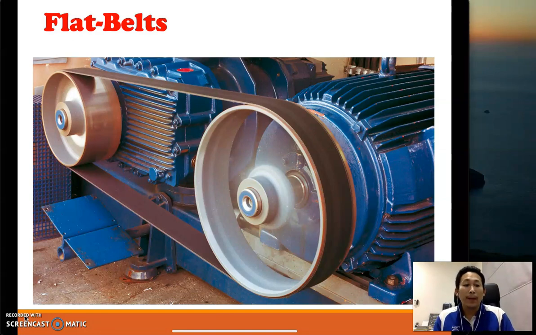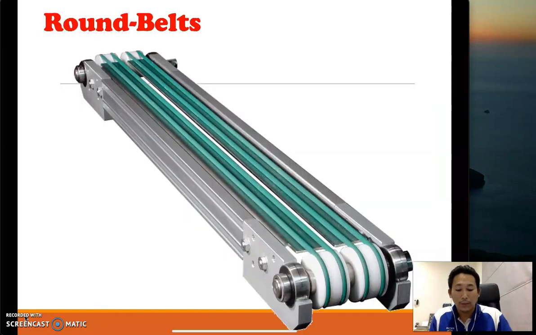The belt is flat, and we have the driver pulley and also the driven pulley. For flat belts, we can see that the pulley is also flat. For the cross section, we can see that the belt is flat if we cut and look at the cross section.